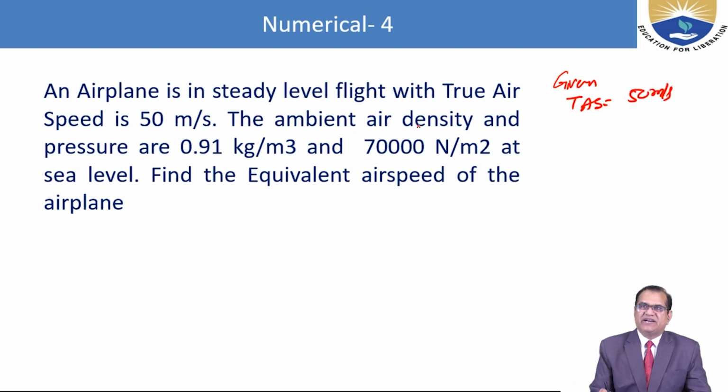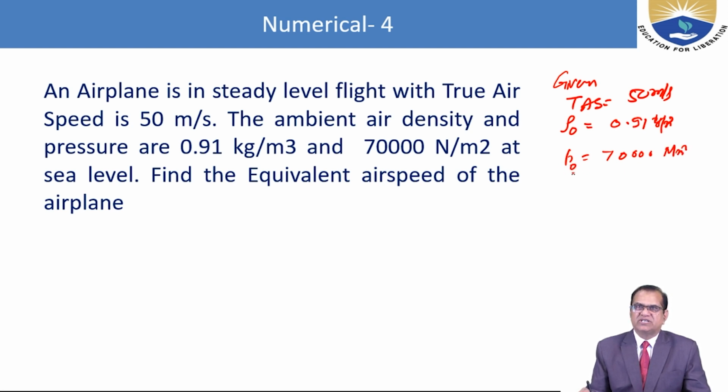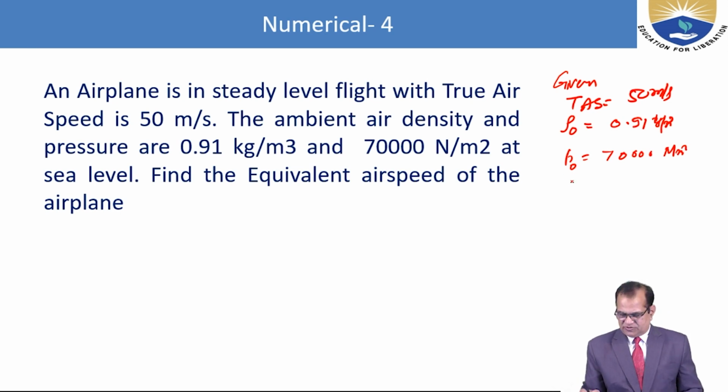The ambient air density is 0.91 kg per meter cube and the pressure is 70,000 Newton per meter square. Find the equivalent airspeed of the airplane. So we have to find out EAS.